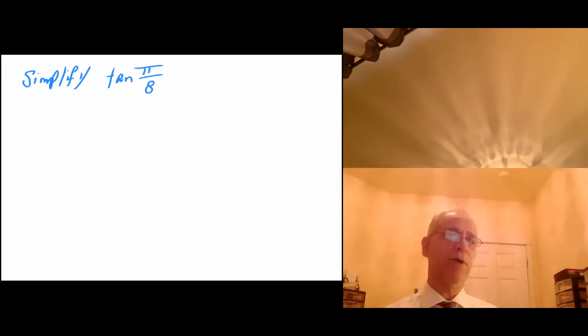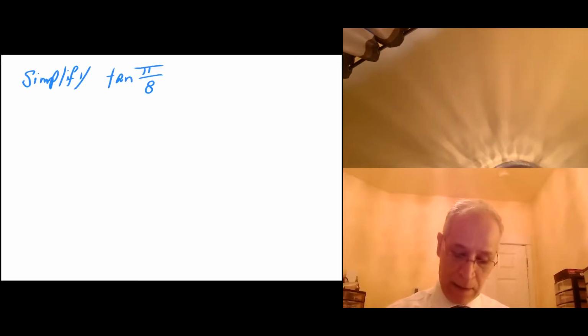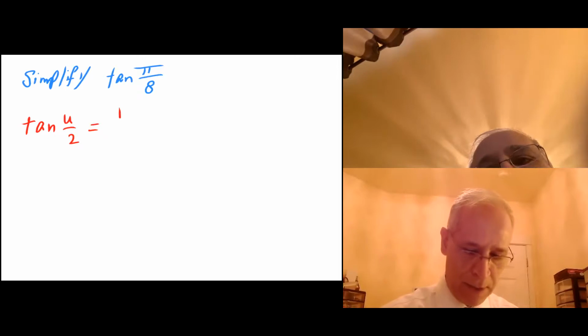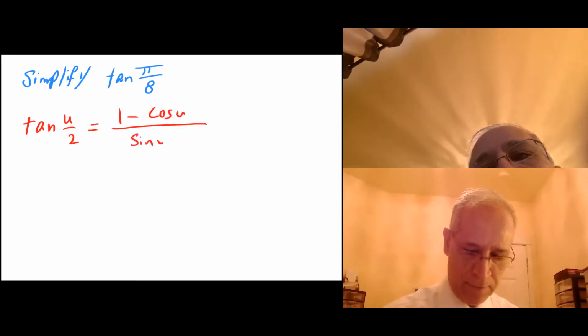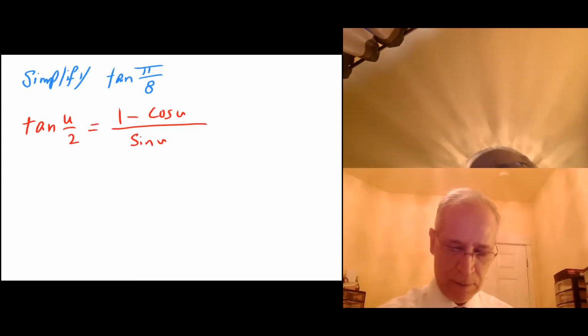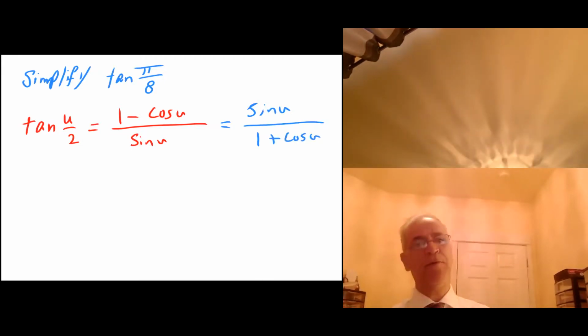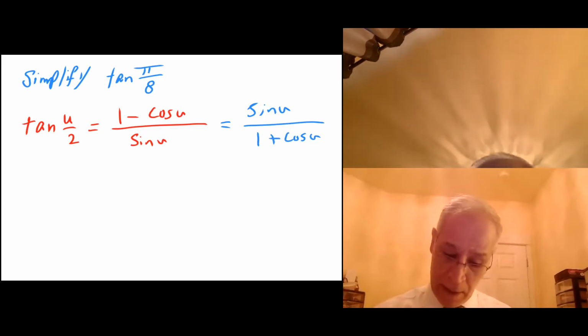Okay, first of all, let me just write here that the identity for tangent of u over 2 is (1 minus cosine of u) over sine of u, which is also the same as saying sine of u over (1 plus cosine of u). They're both in your textbook, the proof.